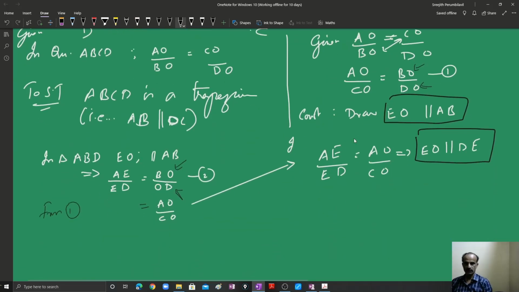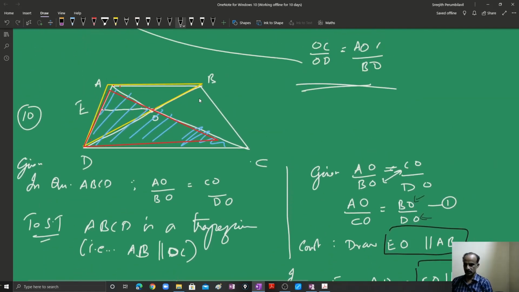So what do you conclude from these two? If two lines are parallel to the same line, they are parallel to each other. EO is parallel to AB as well as EO is parallel to DC.